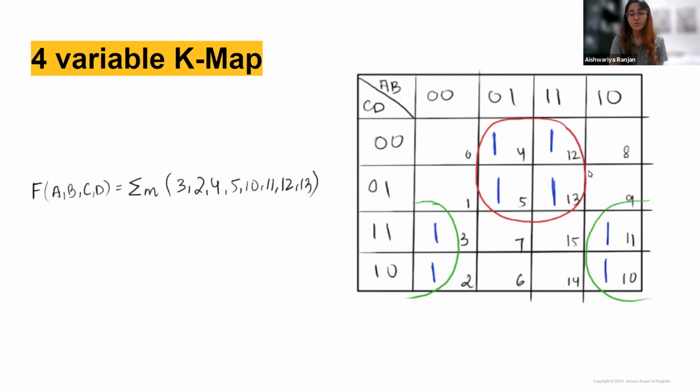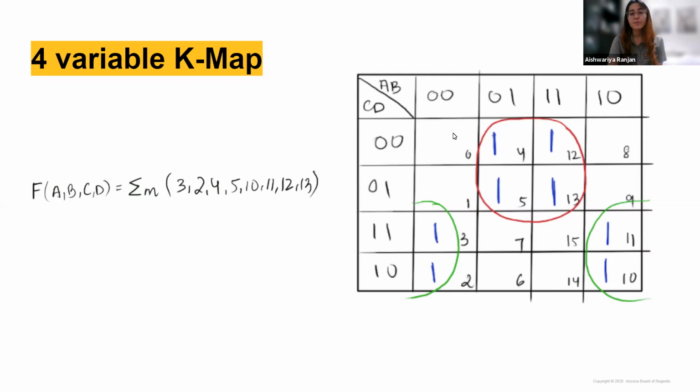They're a power of 2, so that works. And for these 2 ones and these 2 ones, you could imagine the map wrapping around, so you can group this and this together to make your biggest circle. So then we have 2 groups of 4 ones.